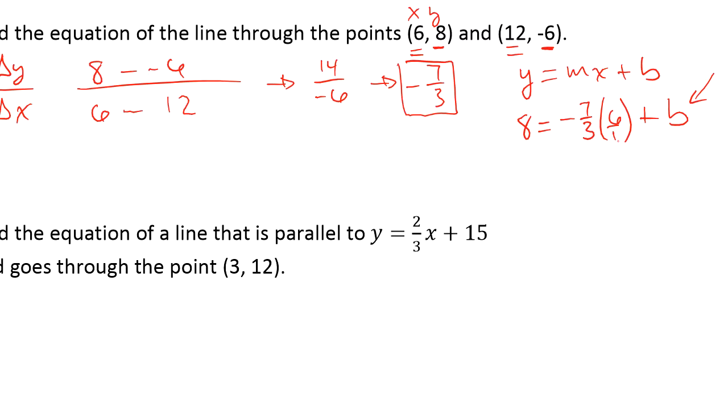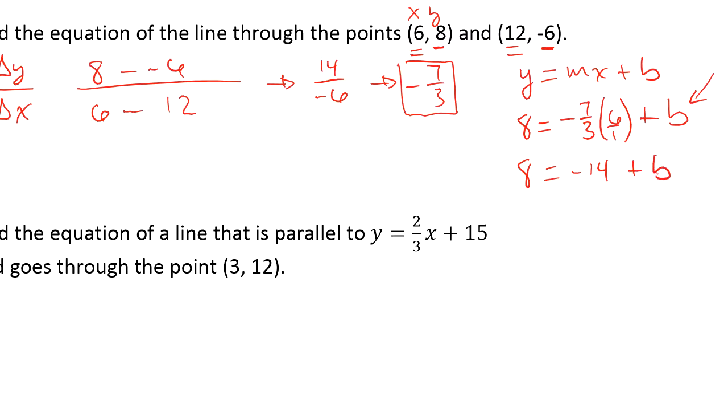Negative 7 times 6 is negative 42, and negative 42 divided by 3 is negative 14. Certainly I can do all that arithmetic, or I can say this can be simplified: 6 divided by 3 is 2, and 2 times negative 7 is negative 14. So at any rate, this is 8, and over here I've got negative 14, and then plus b.